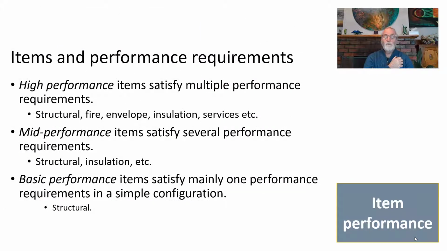So in ways in which we can describe them then, a high performance prefabricated element might satisfy multiple performance requirements such as structural, fire, envelope, insulation and services. A mid-level one might satisfy several performance requirements such as a structural requirement and insulation, etc. And our basic ones might satisfy merely one performance requirement in a relatively simple configuration.